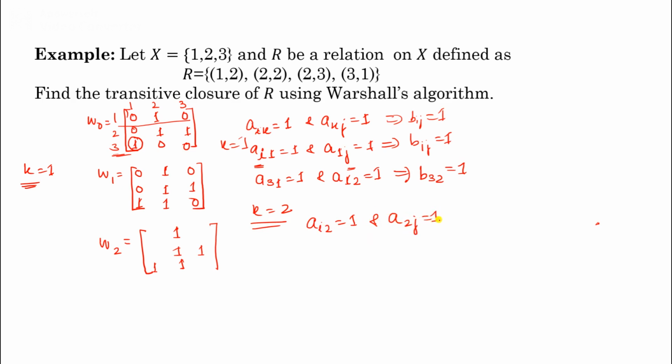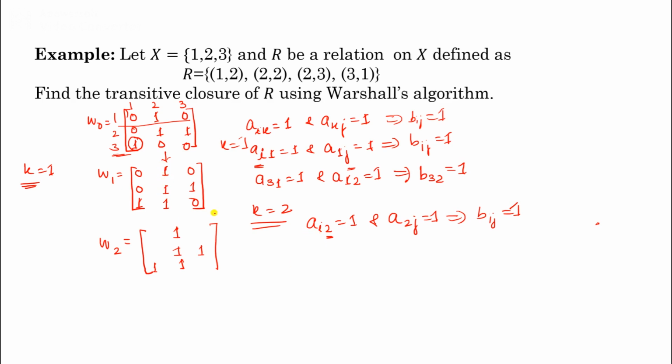If this condition holds, then Bij equal to 1. Now we have to check the second column of this matrix. In the second column, all three elements are 1.